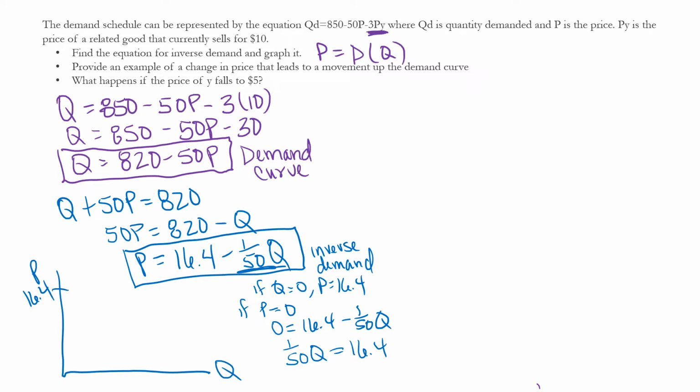Then I'm going to multiply both sides by 50. 1 over 50 times 50 is 1, so I get Q is equal to 16.4 times 50, and we already know it's 820. Because we had this demand curve, I could plug in 0 for P right here, and I would see 820.